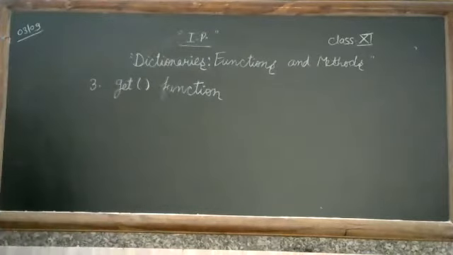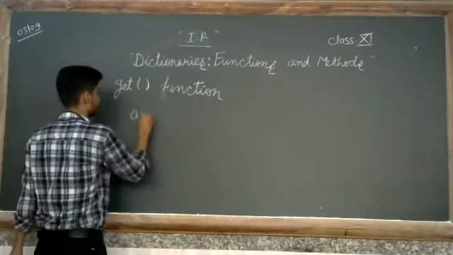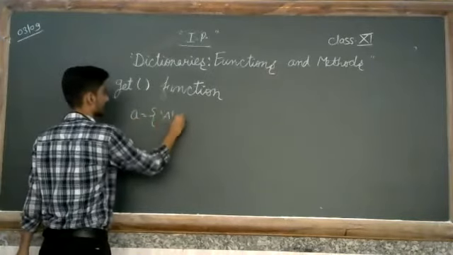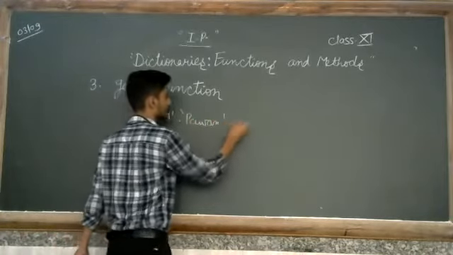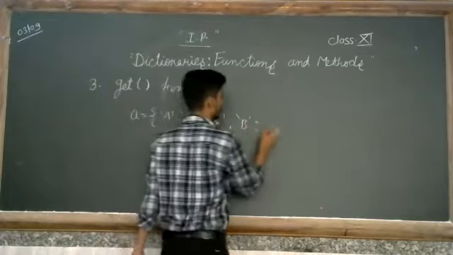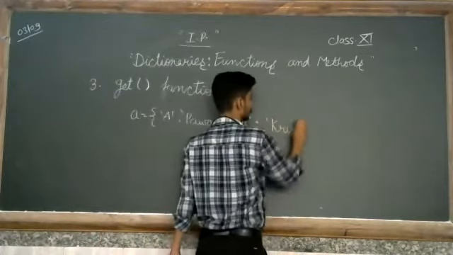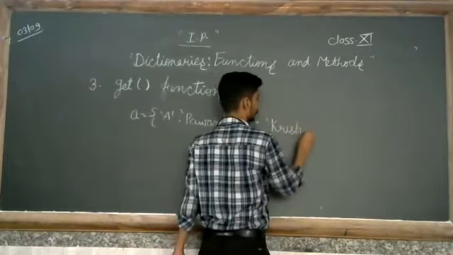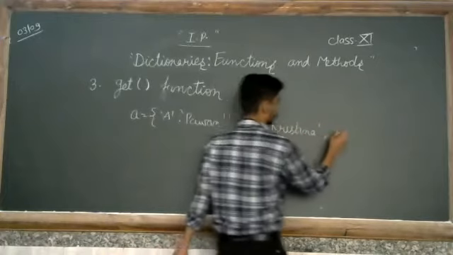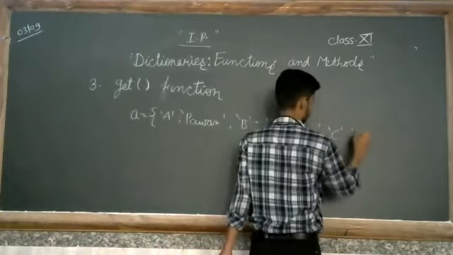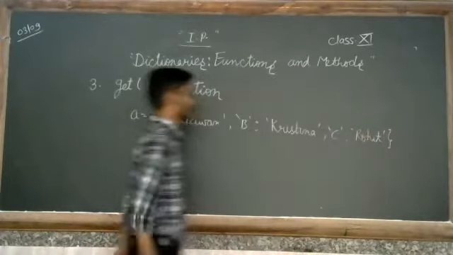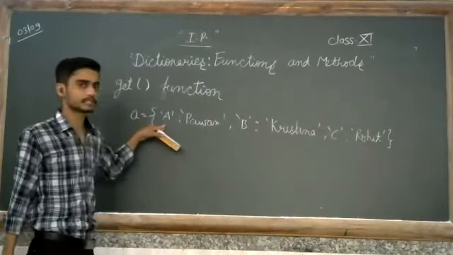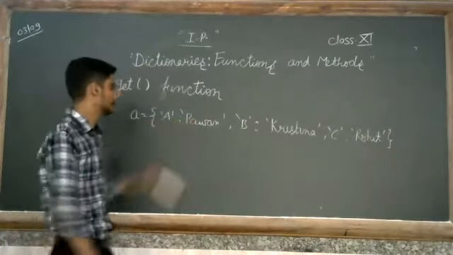अब सपोजिंगली आपके पास एक और डिक्शनरी है जिसके अंदर स्ट्रिंग वैल्यूज हैं। This is my another dictionary in which key is also in string form and values are also in string form.